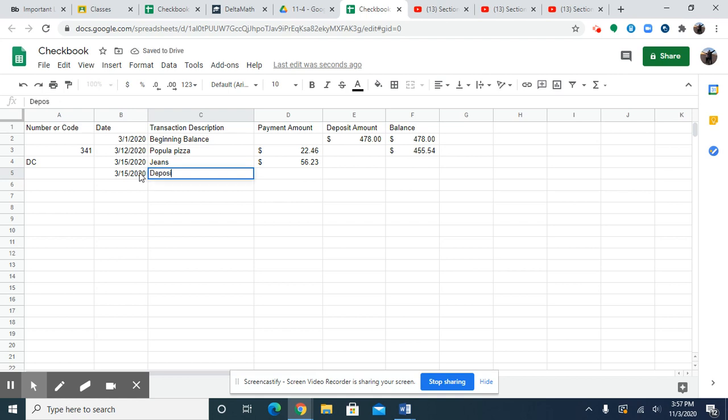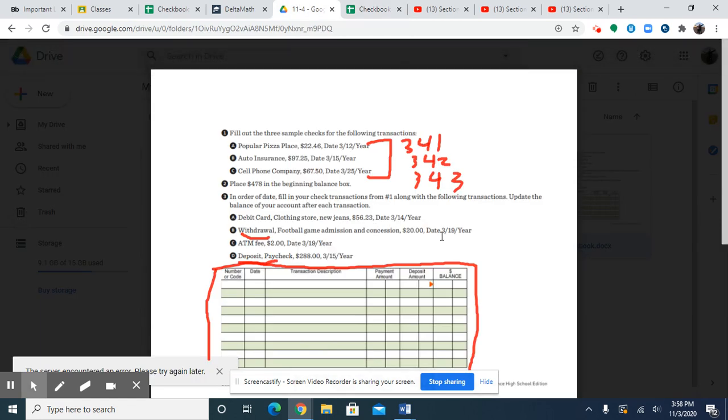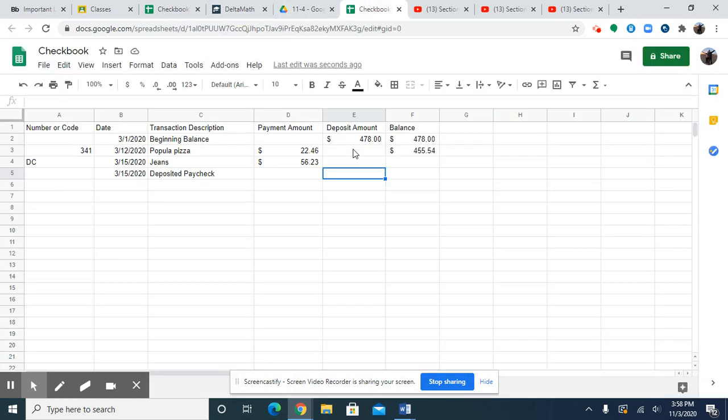We deposited paycheck. So that would go under the deposit column, which would be 288.